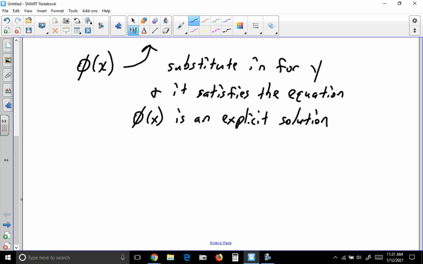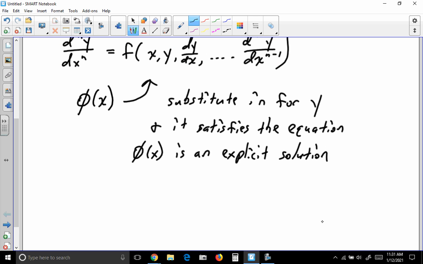Now you might say, why explicit? That's to be contrasted with implicit. Remember back in Cal 1 when we took implicit derivatives, implicit derivatives were of functions that were not solved for a single variable. They had x's and y's mixed together.